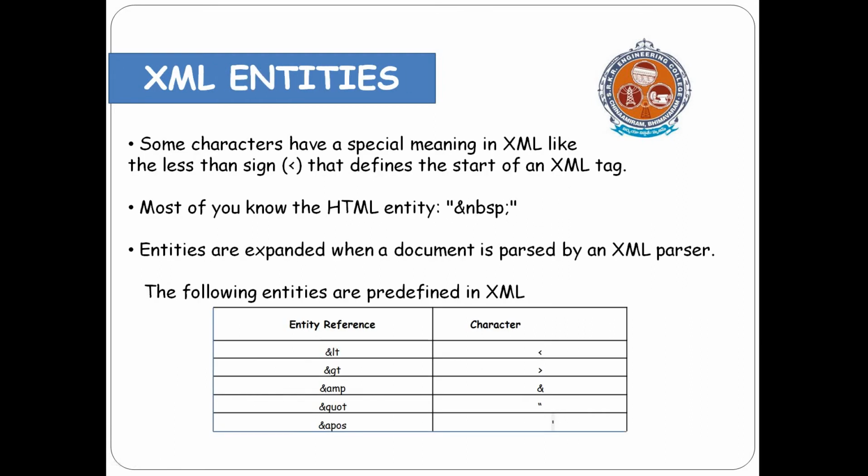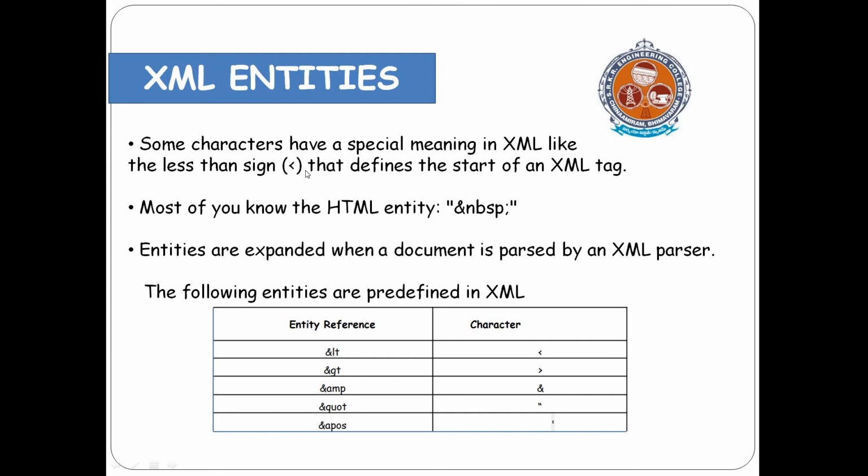So coming to entities, if you pass our XML document to other browsers, it will parse it. While parsing, some of the symbols cannot be parsed and will be taken as markup, like in HTML we see greater than and less than. If you want to use greater than and less than, the browser will treat them as tags.